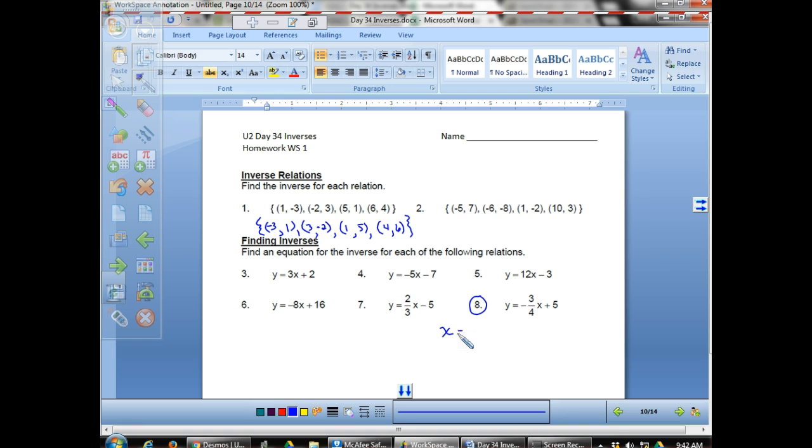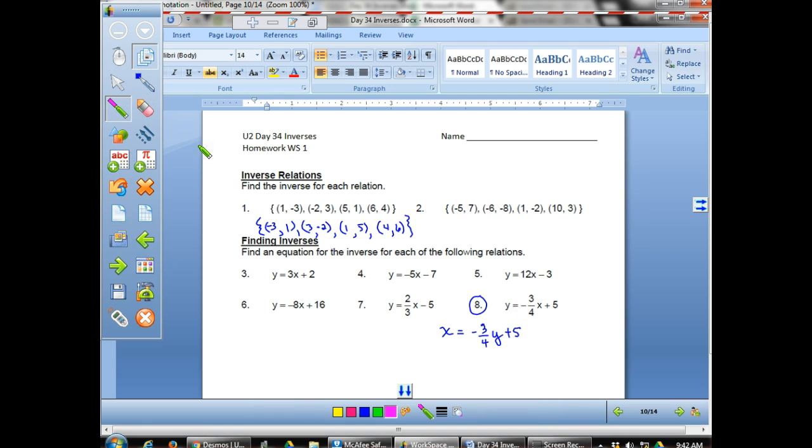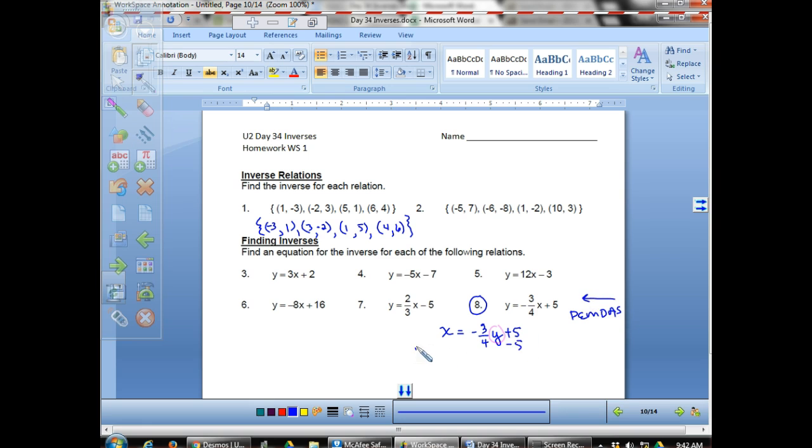So exchange x and y. And I'm going to go ahead and solve for my y. And you probably notice we're pretty much using reverse PEMDAS to solve, which means I add or subtract first. So I'm going to subtract 5, and then I'm going to multiply by -3/4 on both sides. So not -3/4, -4/3, sorry.